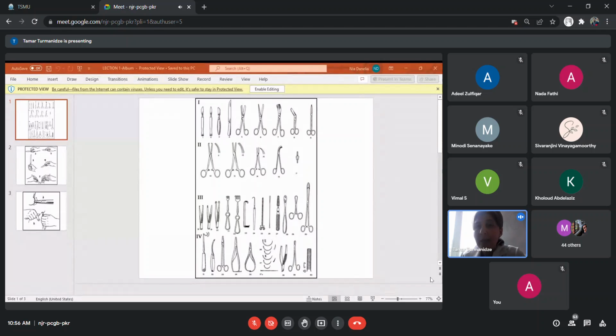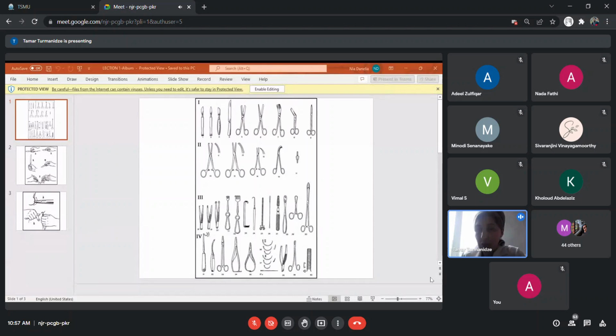Radical operation means when all the pathologically changed tissues are completely removed. Palliative operation means one which is performed for the purpose of facilitating the patient's stay.